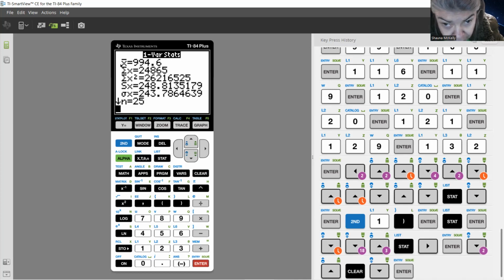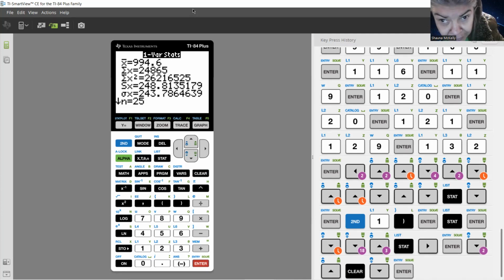Now, this actually tells me what the mean is. It's 994.6, but the way we get that is with this sum of X that's on the second line, 24,865.